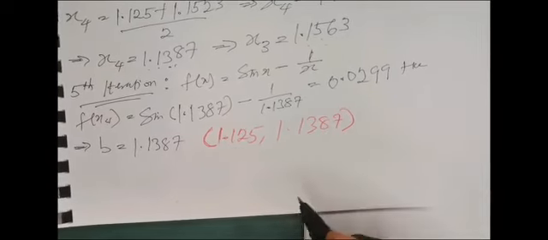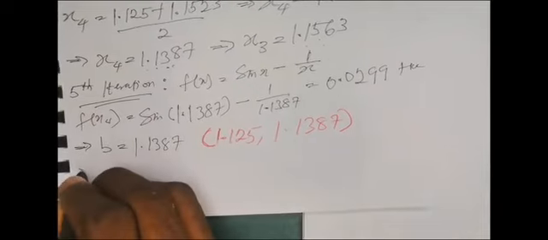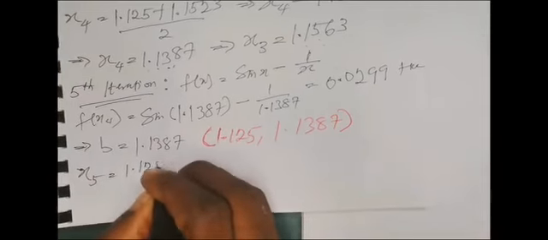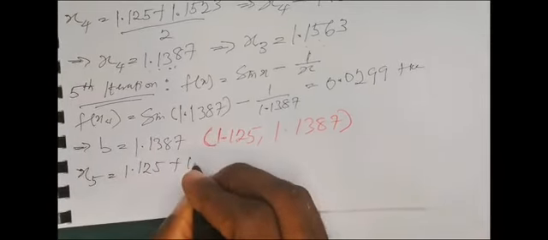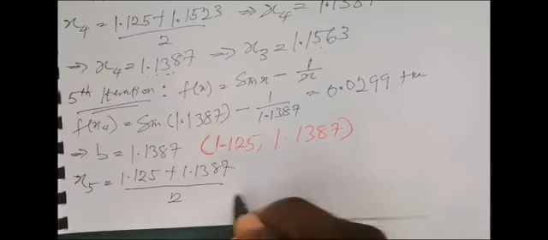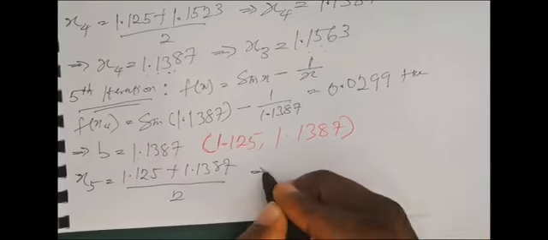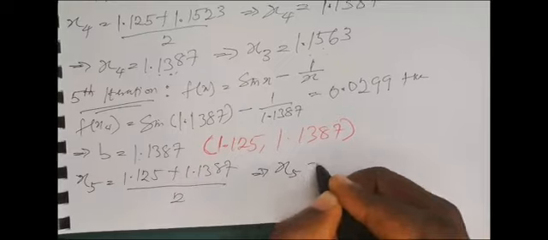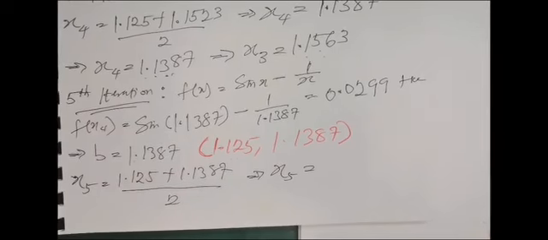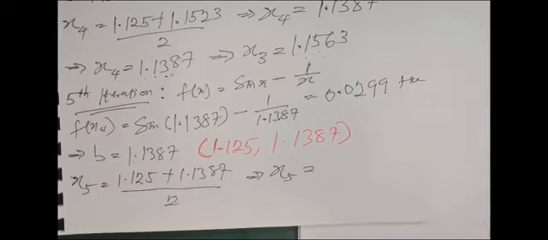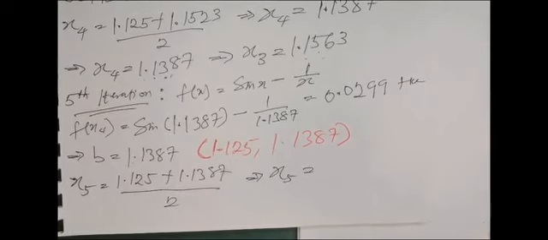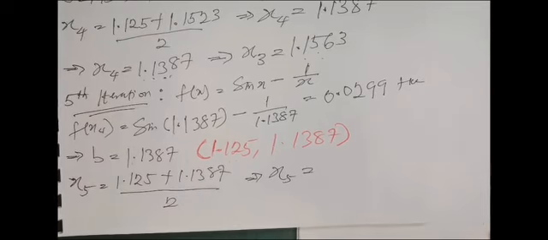As such, we can find our fifth root, S5, and that is equal to 1.125 plus 1.1387 divided by 2. So let's find this value: 1.125 plus 1.1387 divided by 2.